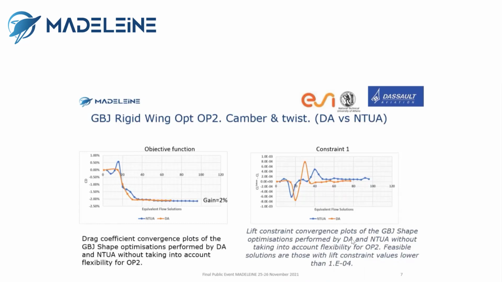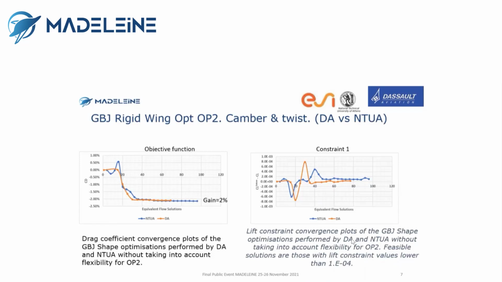On this slide, you have a comparison of rigid optimization for the OP2, so for Mach number 0.8, comparison between the Dassault result and the NTUA result.